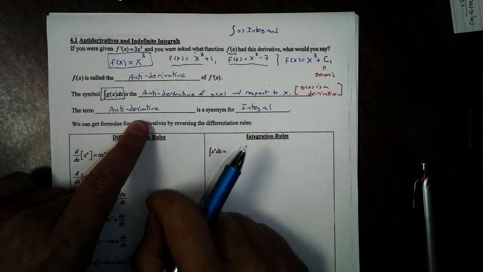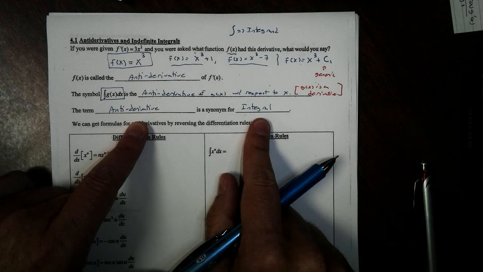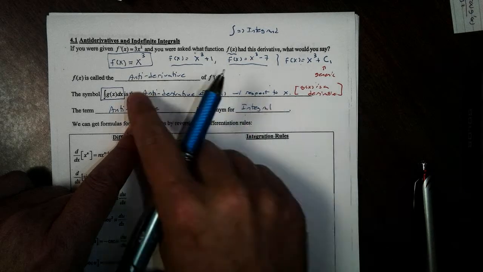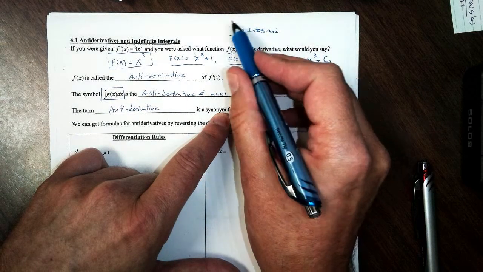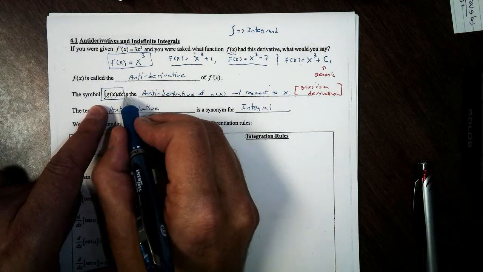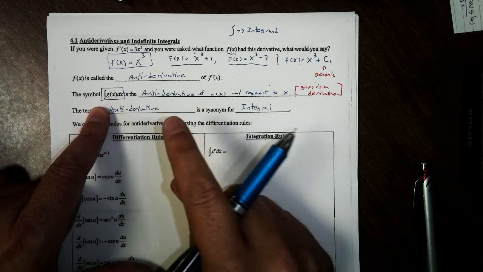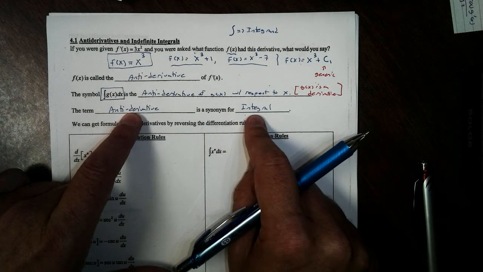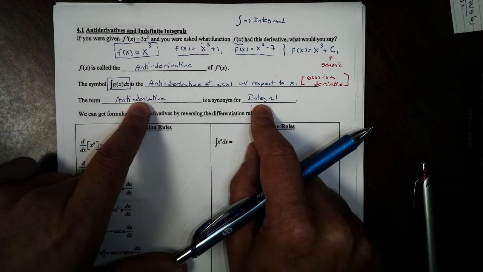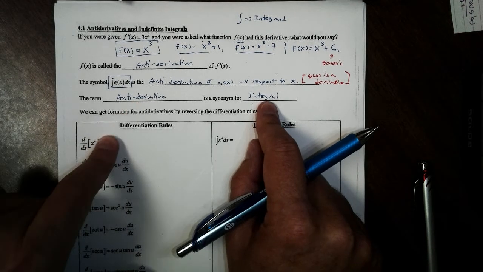Some people like to say antiderivative, some people prefer the word integral. They mean the same. We get the word integral, of course, from the symbol. So this whole process is just called an integral. Now, there is a difference between antiderivative and integral, but it's not a major thing we need to talk about right now. We'll discuss that later on.